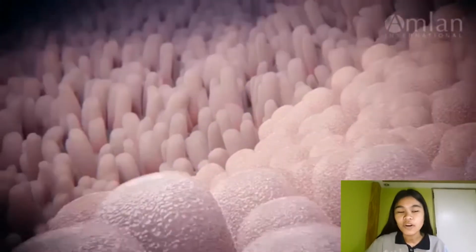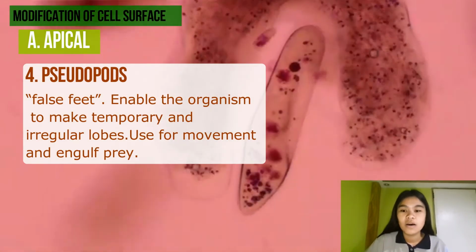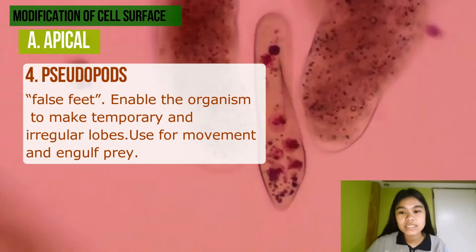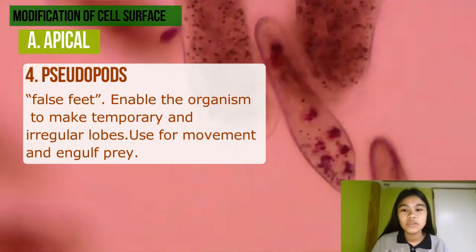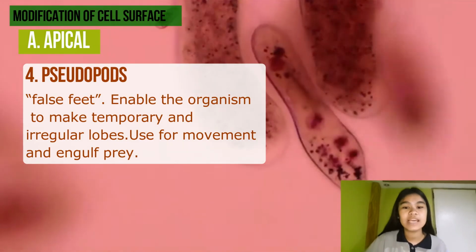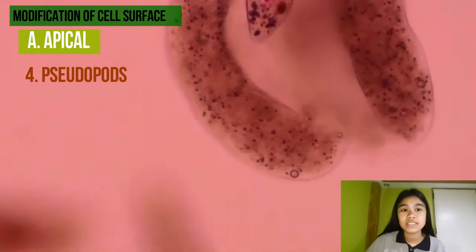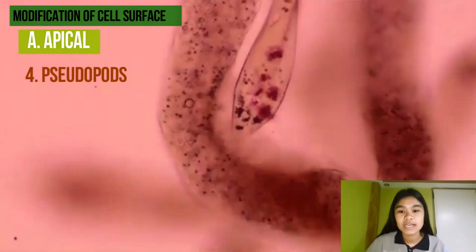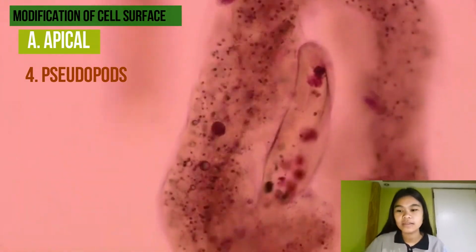And fourth one, we have the pseudopods. It is also known as false feet, enable the organism to make temporary and irregular lobes used for movement and engulf prey. So, ang pseudopods ay nagkakaroon ng extension para lamunin ang isang prey or a molecule inside.